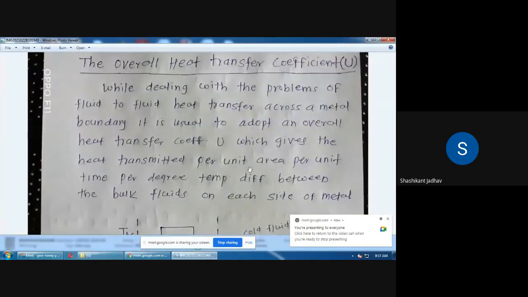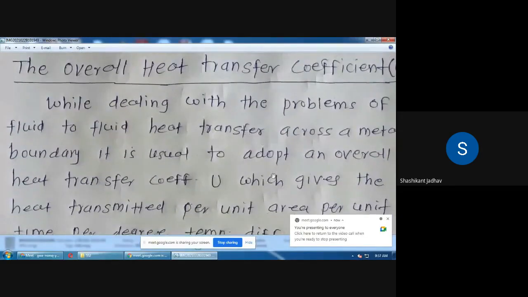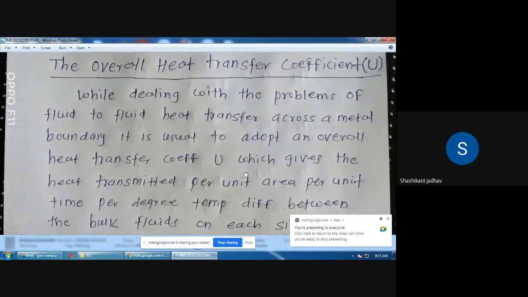So write down the next point, overall heat transfer coefficient. Write down, all of you. Next point, the overall heat transfer coefficient, in bracket capital U. Overall heat transfer coefficient, capital U.